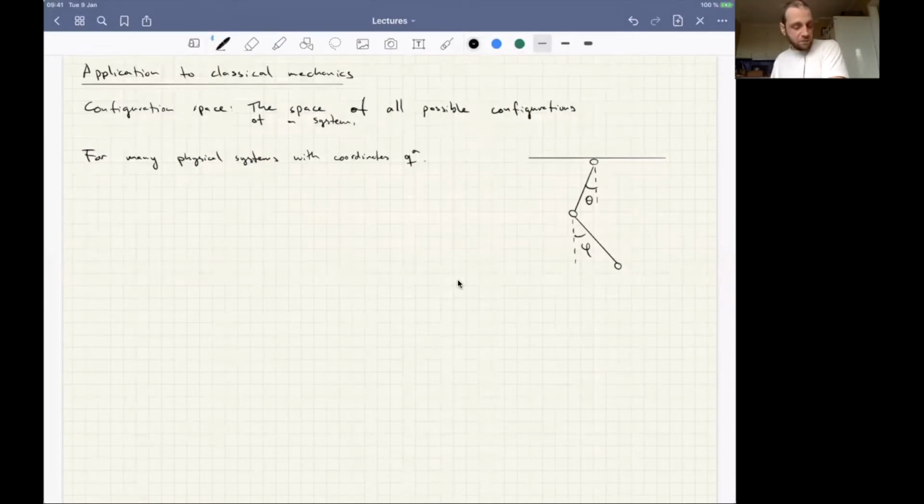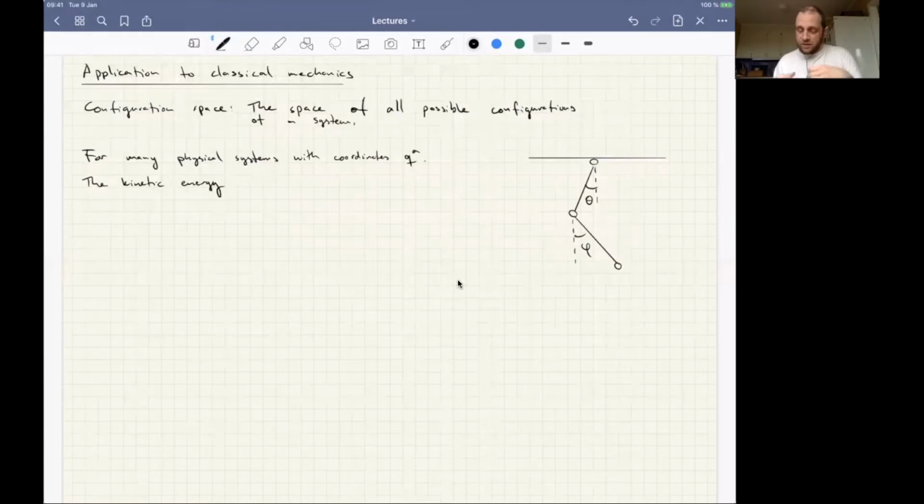I used chi before, but let's call them Q in physics. So how can I express the kinetic energy? For this double pendulum, the masses are embedded in Euclidean space.